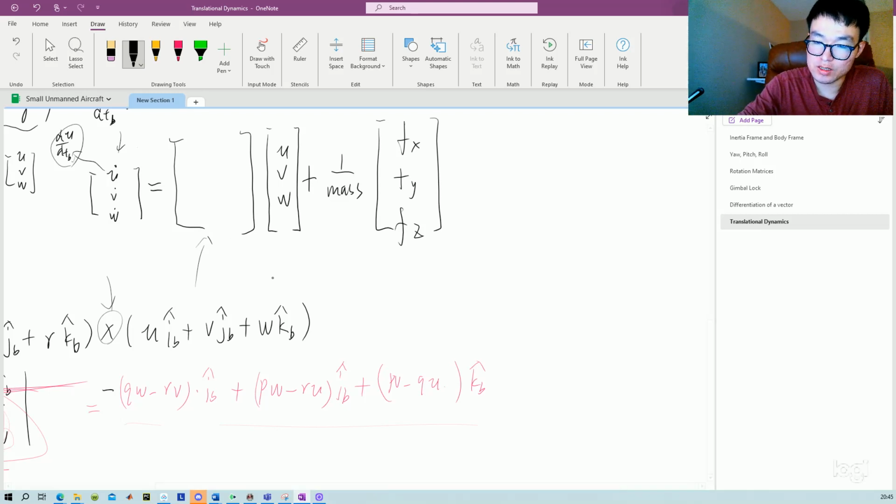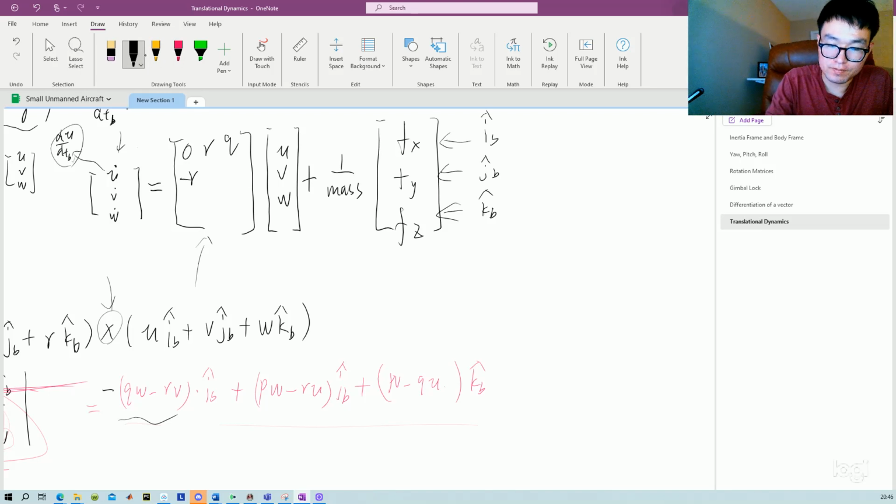That forms your equation for forming that matrix, because all these scalar components essentially have directions: iB, jB, and kB. For U, V, W, the first term without U is 0, then V times R and W times Q. Actually, I made a mistake. Sorry, this is negative.